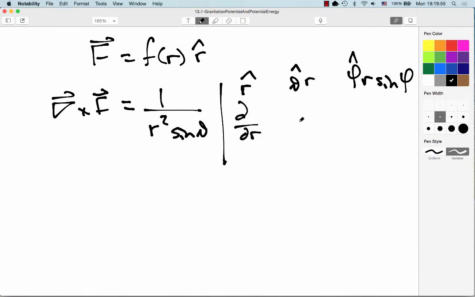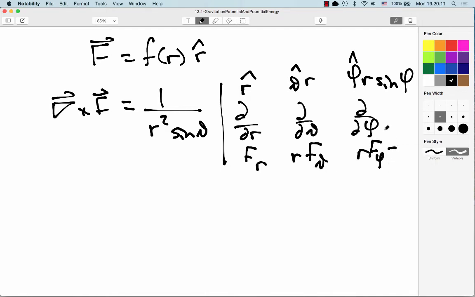Partial r, partial theta, partial phi. Then we have F sub r, r times F sub theta and r sine theta times F sub phi. And we do the same fakey determinant that we've done before.